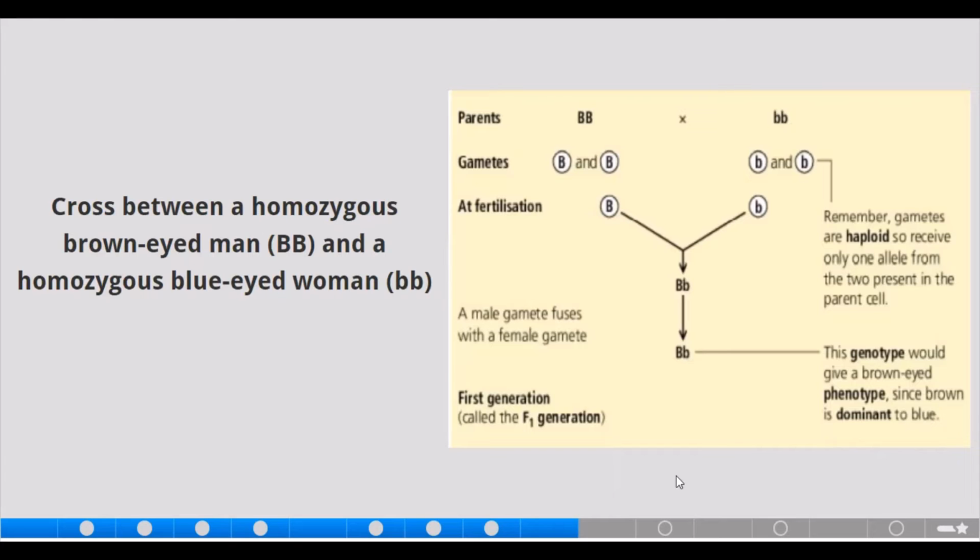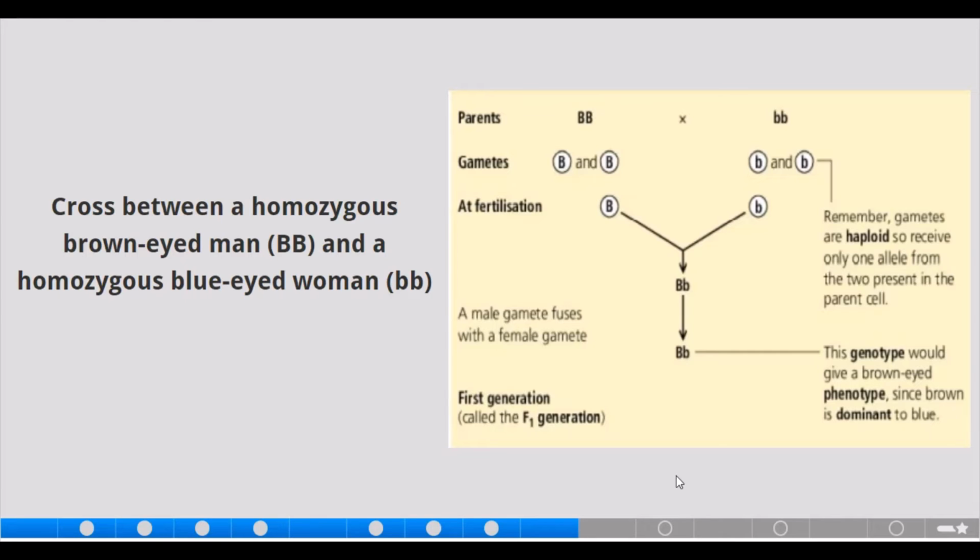This image is showing us the cross between a homozygous brown-eyed man, represented by two capital B's, and a homozygous blue-eyed woman, represented by two small b's.